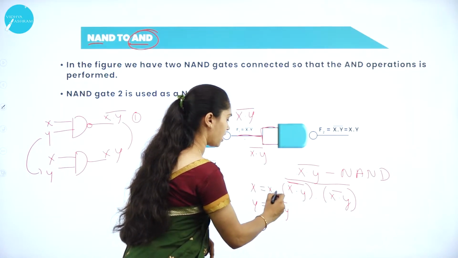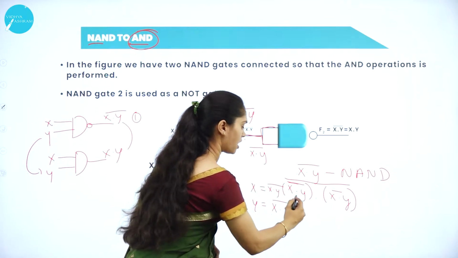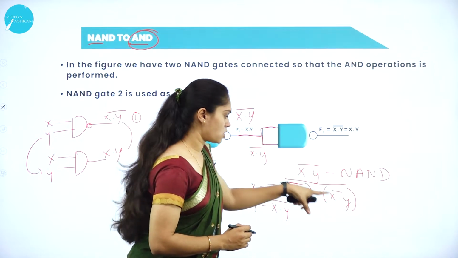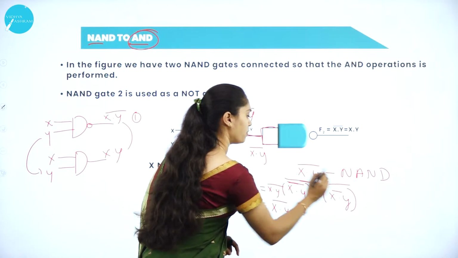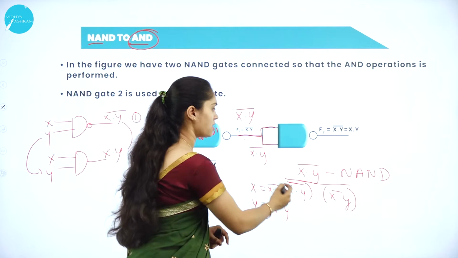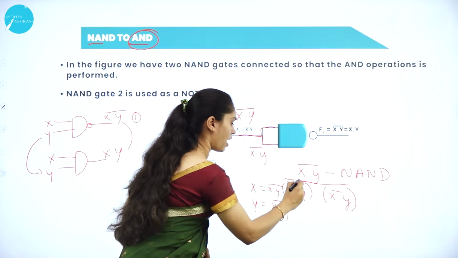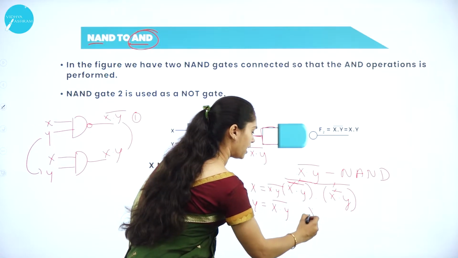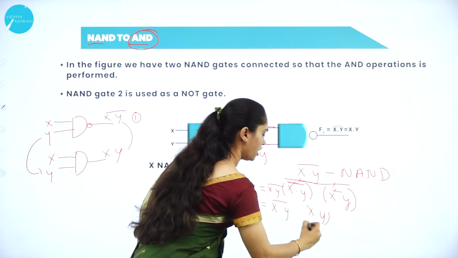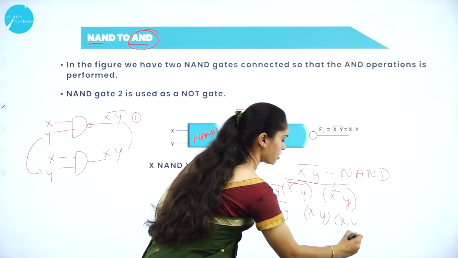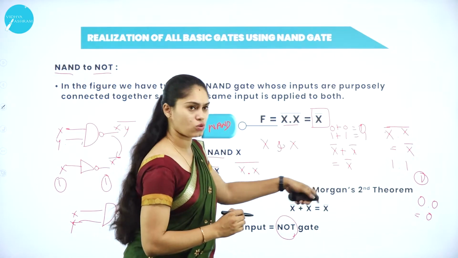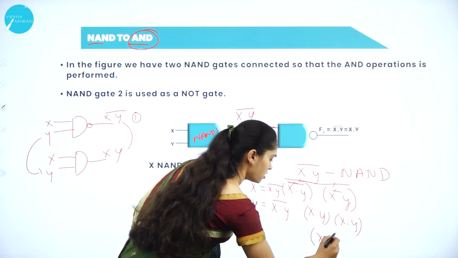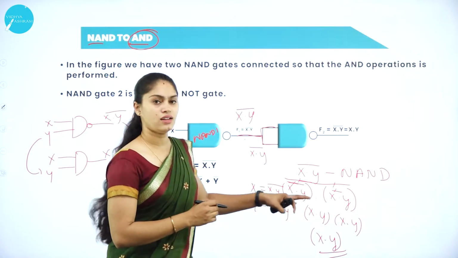So we take the input as (x dot y) whole bar into (x dot y) whole bar, and the whole thing complemented. The bars cancel, and we end up with only x dot y into x dot y. Based on this rule, we have only x dot y, so this will be the output.